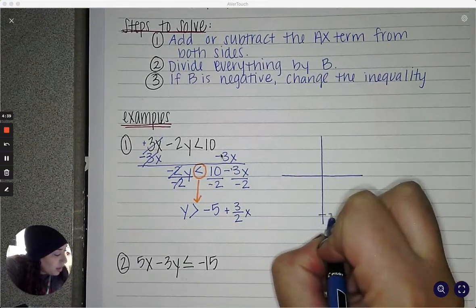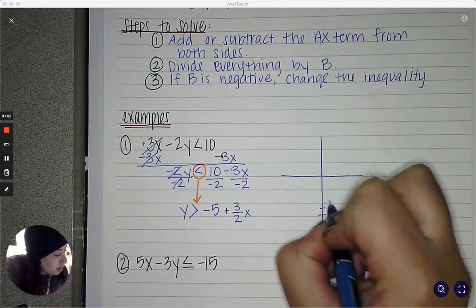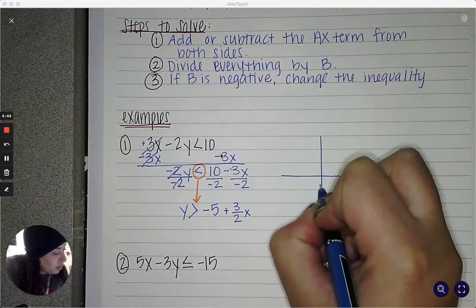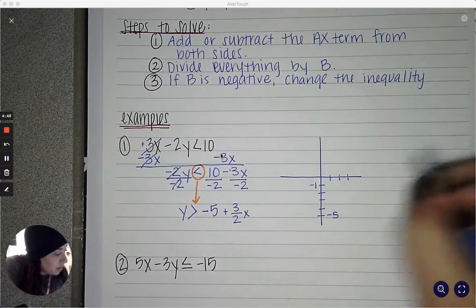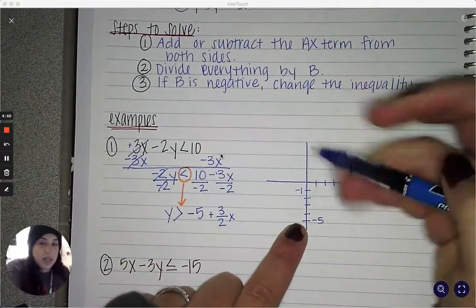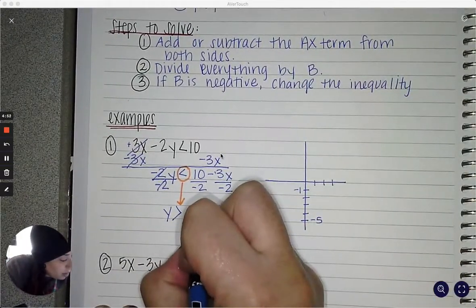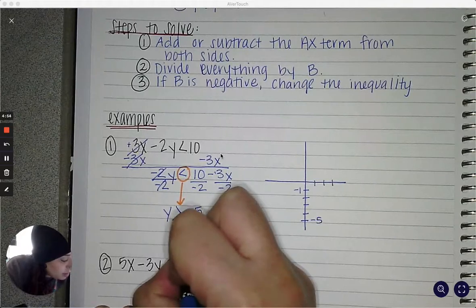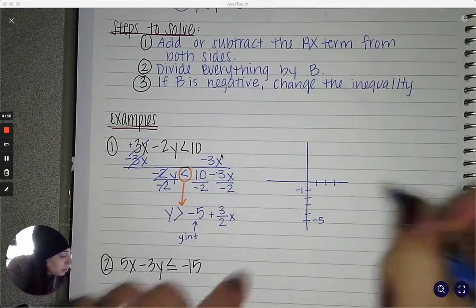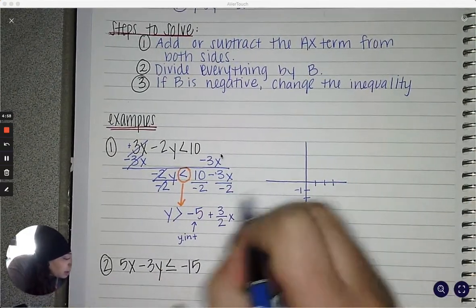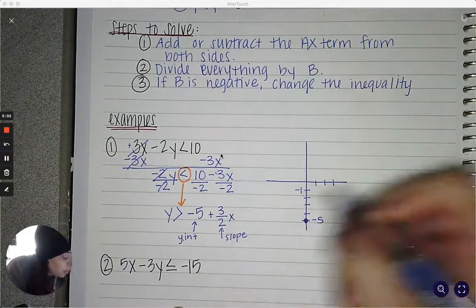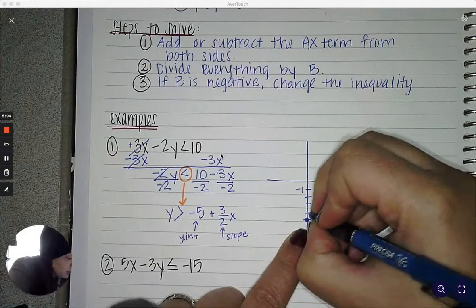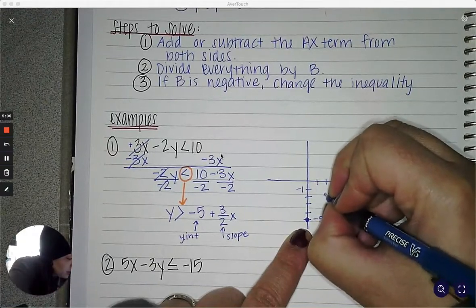so if this is negative 5, negative 4, negative 3, negative 2, negative 1, 1, 2, 3. If I were to ask you to graph this, it would go through, there's my y-intercept. So it goes through right here. This is my slope. So we go up 3, 1, 2, 3, over 2.